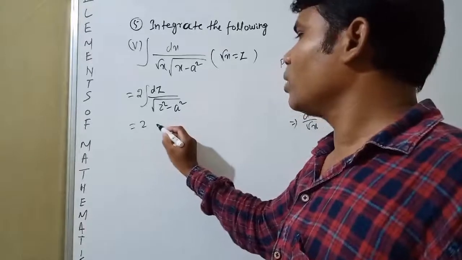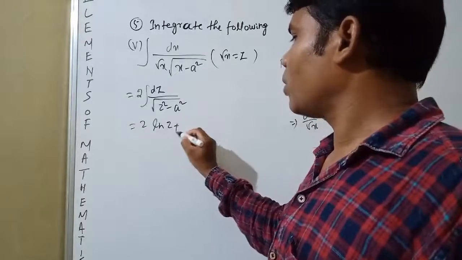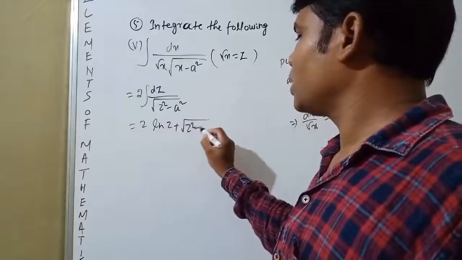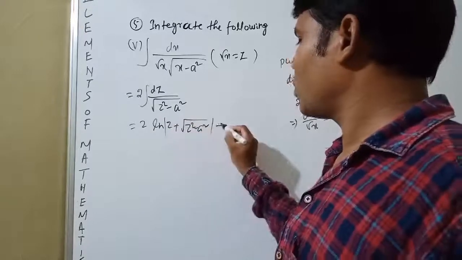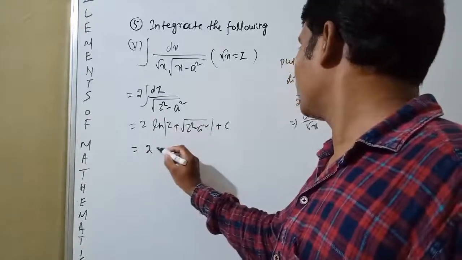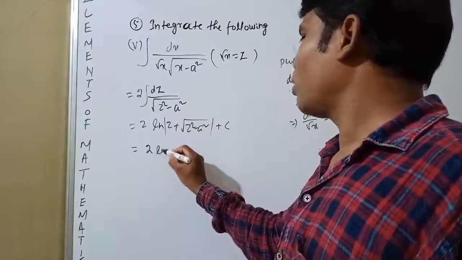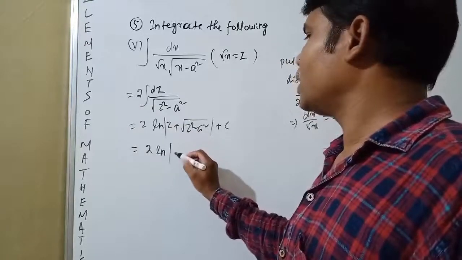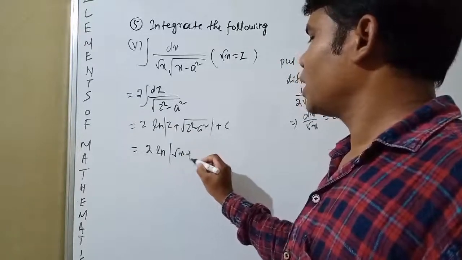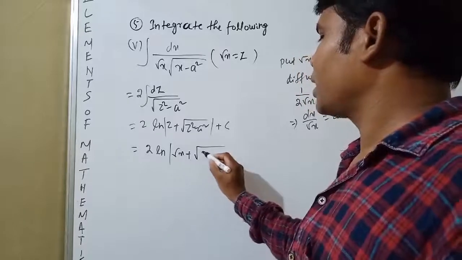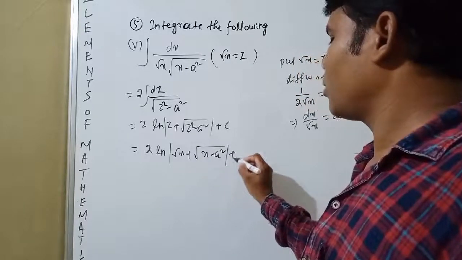Okay, is equal to ln z plus root over z square minus a square plus c is equal to 2 ln z means root x plus root over x minus a square plus c.